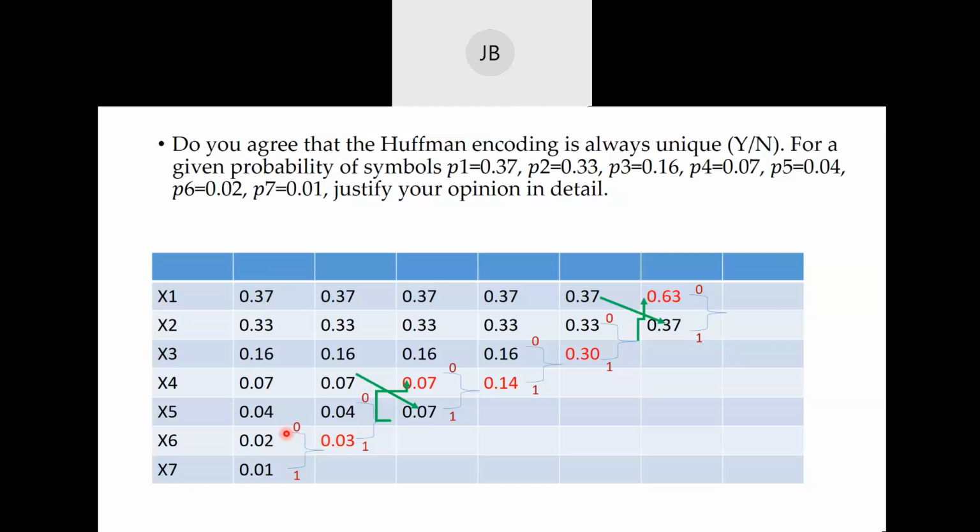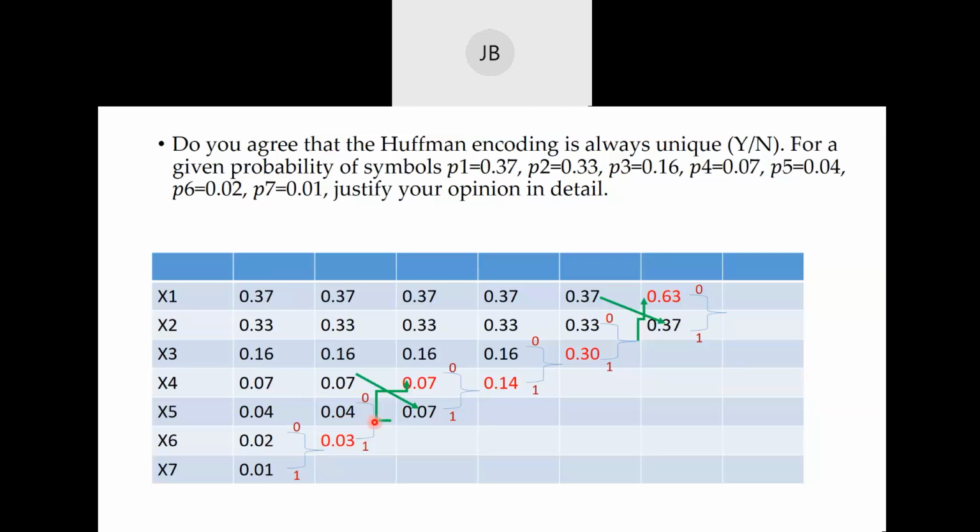And we represent the upper one as 0, the lower one as 1. And then we will sort them again here in the second step. So the new candidate 0.03 will be at the bottom of the list naturally. And we will proceed. Again, we have the two lowest symbols that are added here. So the newly formed value is 0.07.